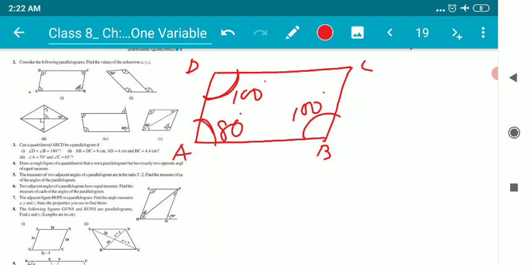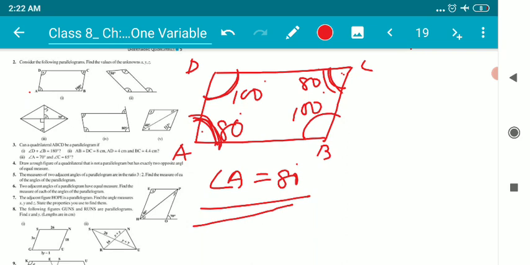If angle A is 80 degree, the measure of angle C will also be 80 degree because they are opposite angles, and opposite angles are always equal in parallelogram. Now you might be thinking, from where did you come to know that angle A is 80 degree? Yes, children, I got the measure of angle A as 80 degree from another rule of parallelogram.